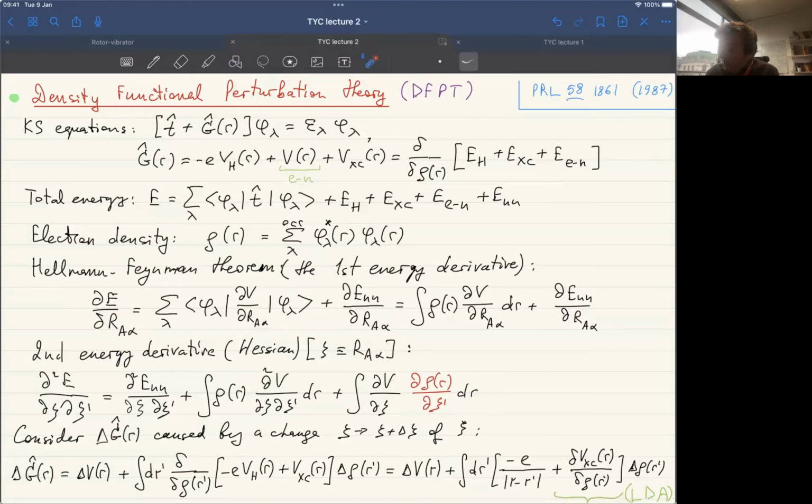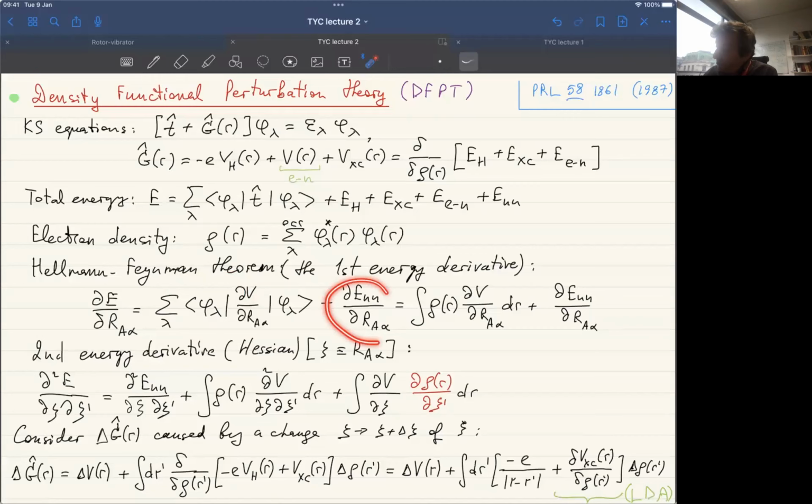And what you need for that is only to know the Kohn-Sham orbitals. So you have a contribution from the electronic structure terms in the total energy here, where V is the potential due to interaction between electrons and nuclei.